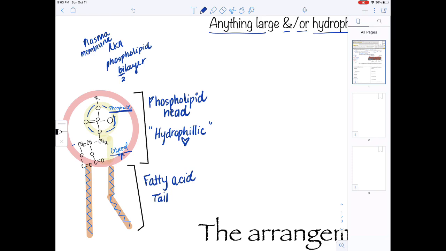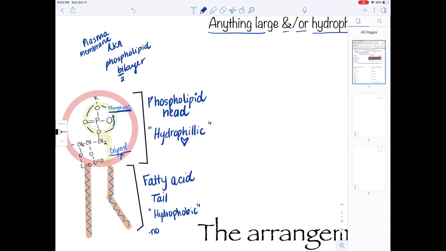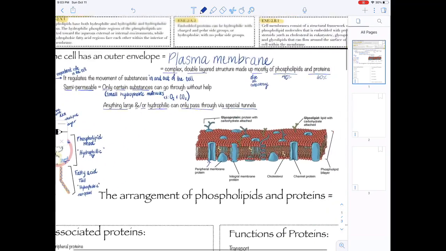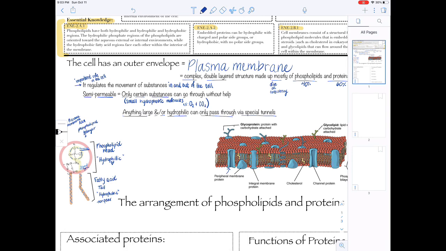When we look at the structure of the plasma membrane, you're going to see that we have two layers of our phospholipids, and because we have those two layers, that's why it's referred to as the phospholipid bilayer. So the membrane is structured with multiple phospholipids throughout, with your heads facing the outside and the tails facing the inside.